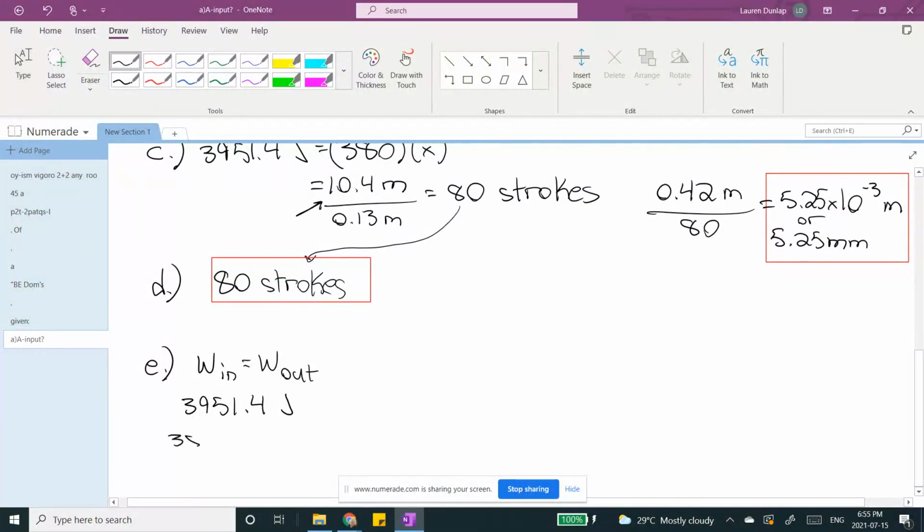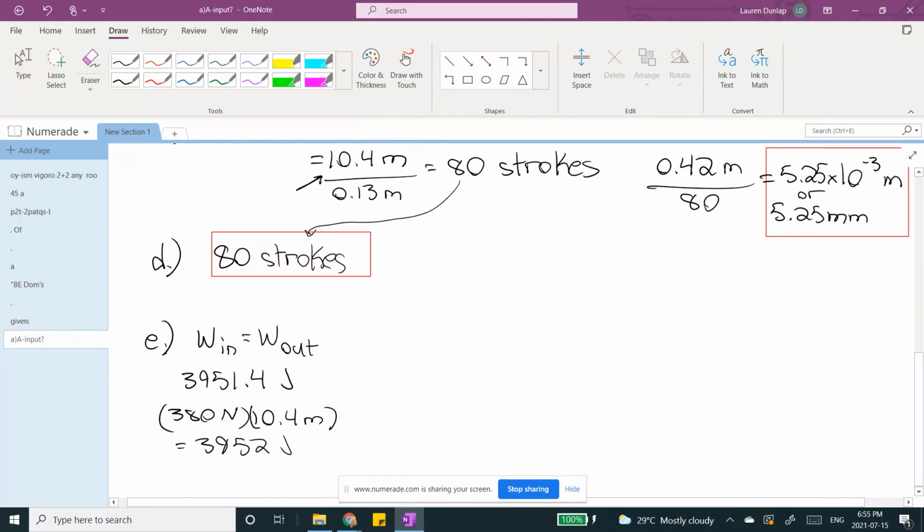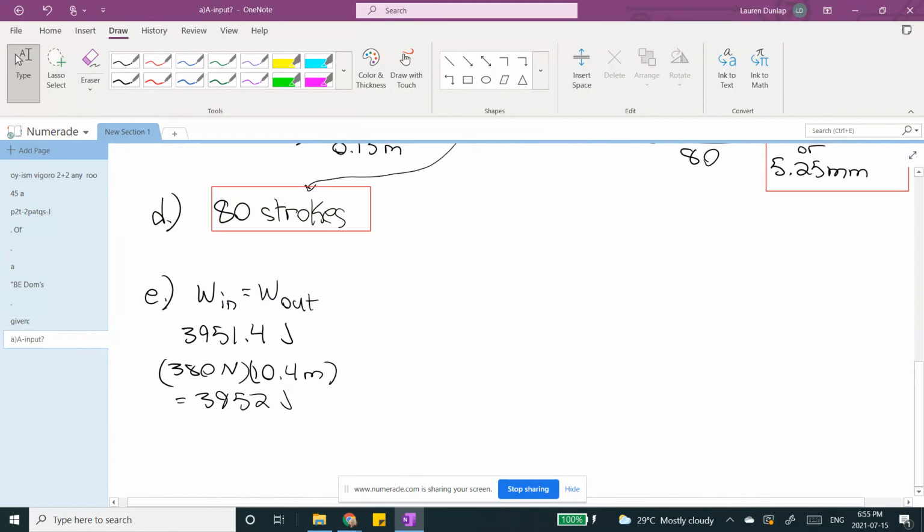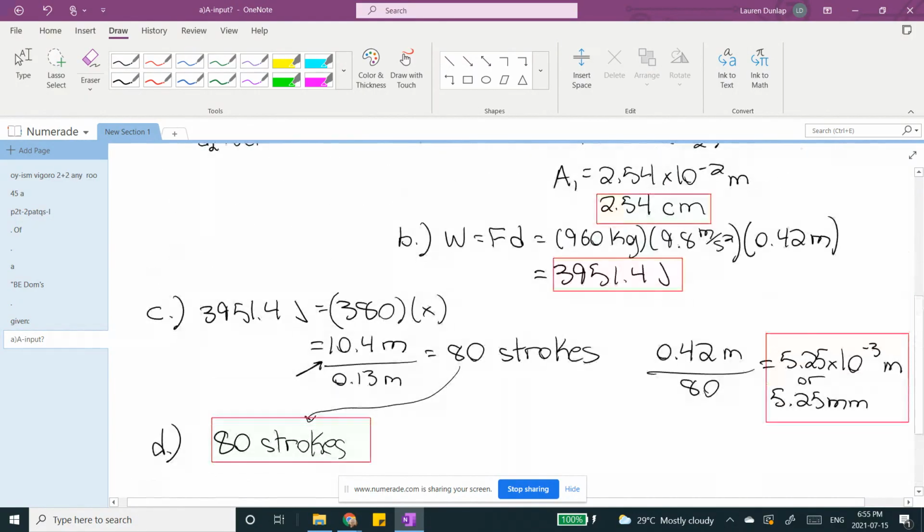So 380 times 10.4 meters. And we calculate that and we get 3,952 joules. With rounding, it makes sense that it's slightly off, but this is the same thing. So this is our work in. Our work out is, again, up here.